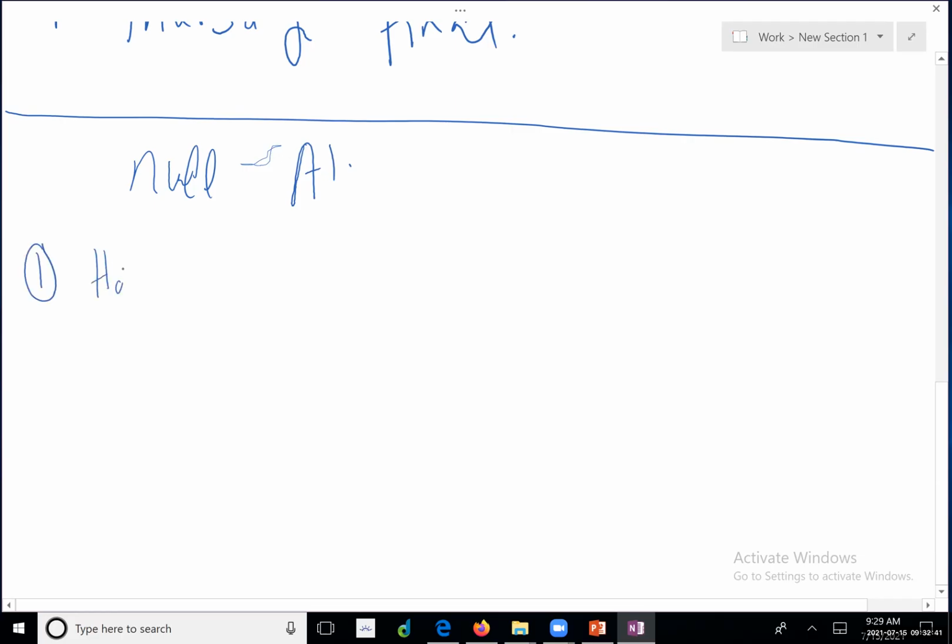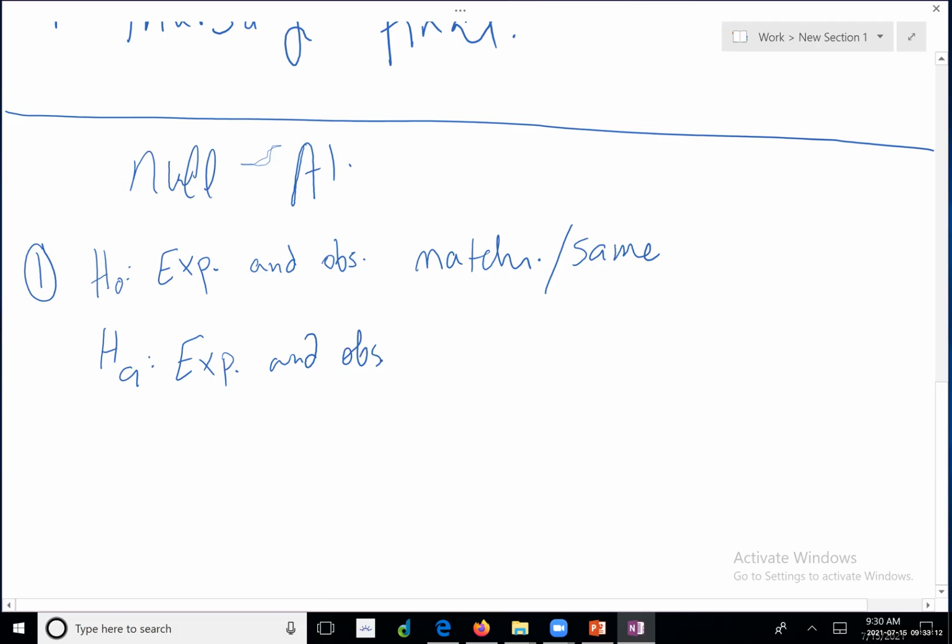The null hypothesis is that the expectation and the observation match or are the same. The alternative hypothesis is when expectation and observation are not the same, or at least one is different.